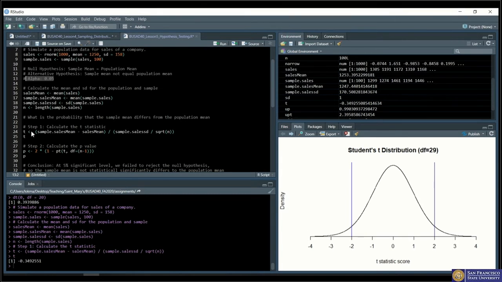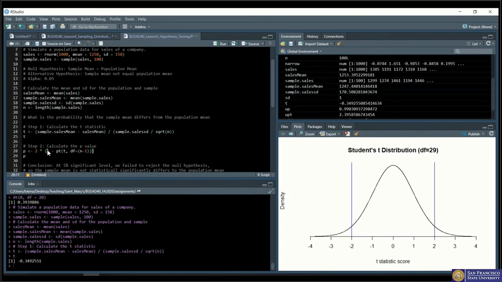And I'm going to use the t location that I just calculated, put it into the graph, and compare it to the alpha level, how much risk we are willing to take in this hypothesis testing. To do that, I'm going to calculate one of the tails, given the t location, with the degrees of freedom n minus 1.